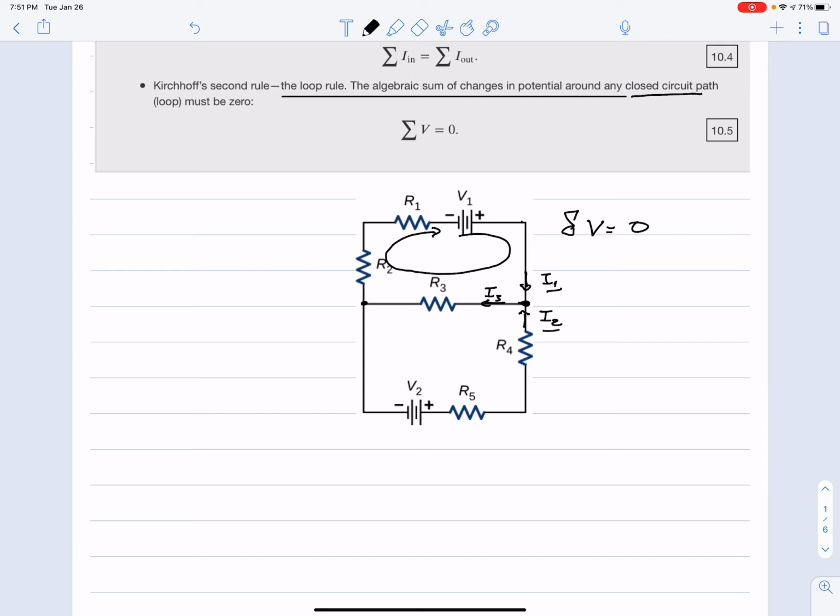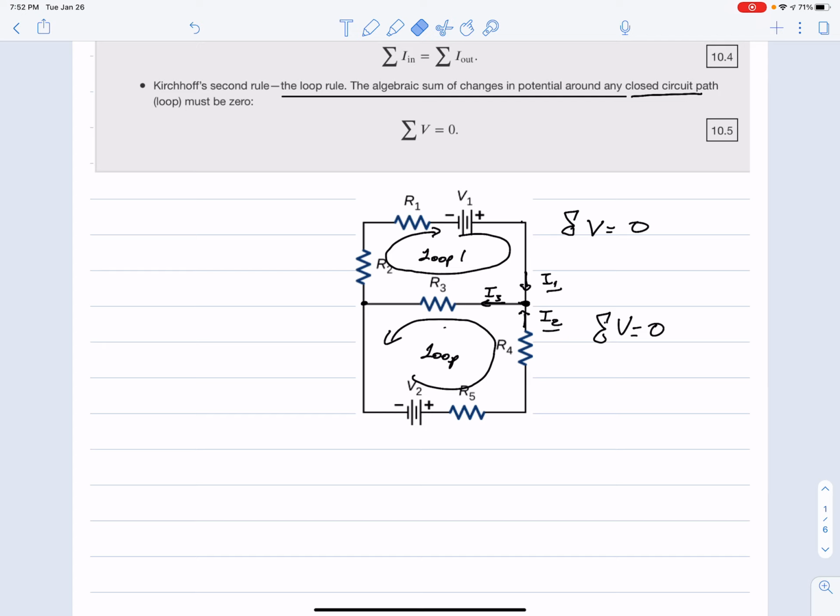The same goes for the second loop, because, remind you, loop 1 is a closed loop. And if I decide to do a second loop here, and I follow the current, then after I get back to the battery, it should also equal 0.